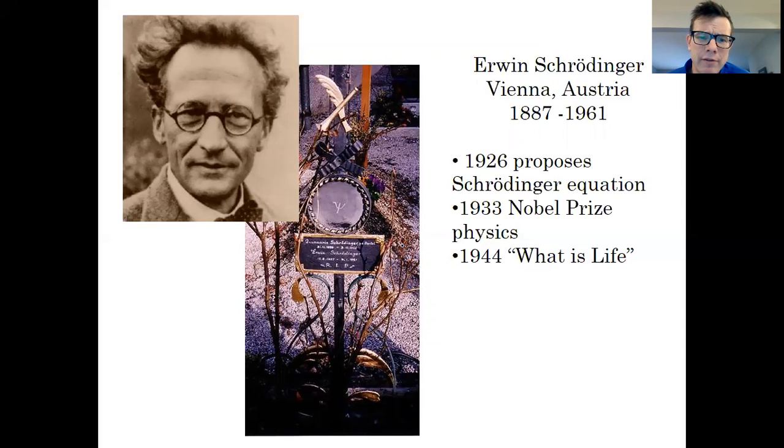This is his grave in Vienna, and you'll see that he has the wave function psi on his gravestone. 7 years later, he won the Nobel Prize in Physics. And you may not be exactly calibrated, but that is an incredibly short period of time, right? People recognized the power of this equation and its importance really, really quickly. And so he won a Nobel Prize in Physics.